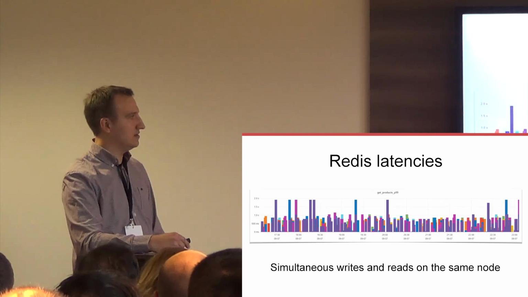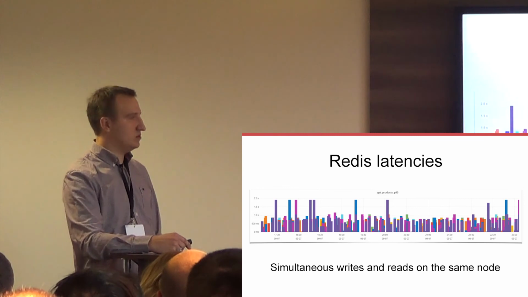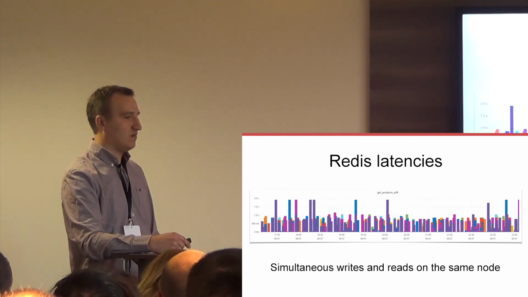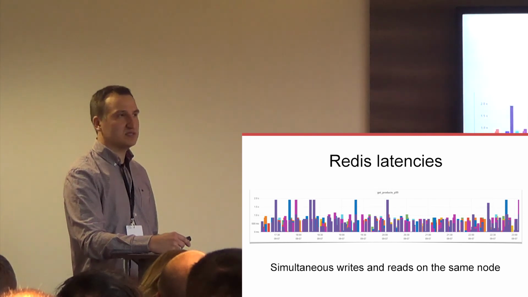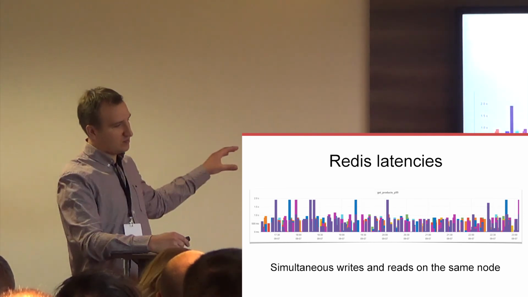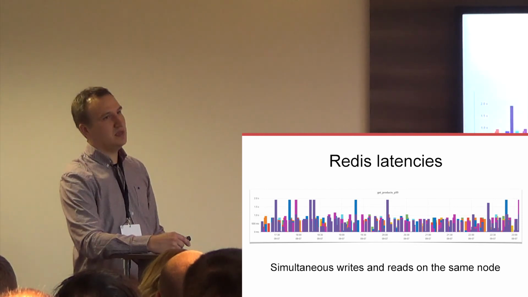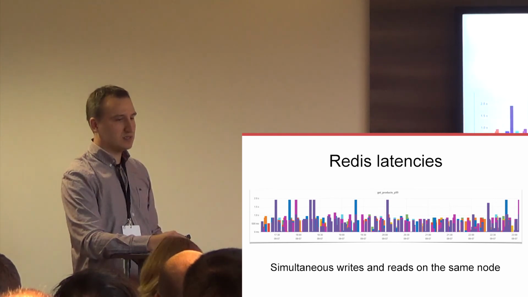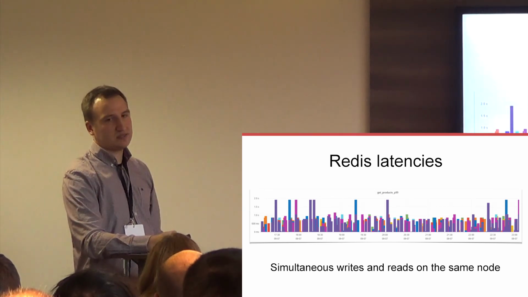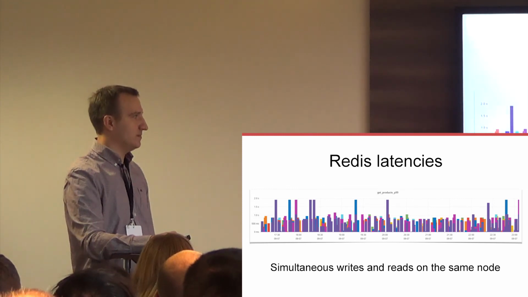This is really bad. So what we do is we have our slaves configured to be persistent slaves. Everything goes through the master, but the master just passes everything to its slaves. The slaves flush the data to disk, and the data is read from the master. So there are no high latencies.